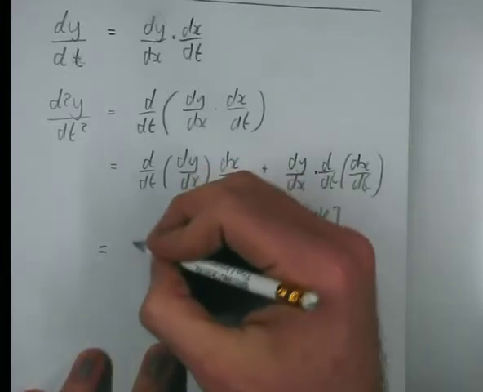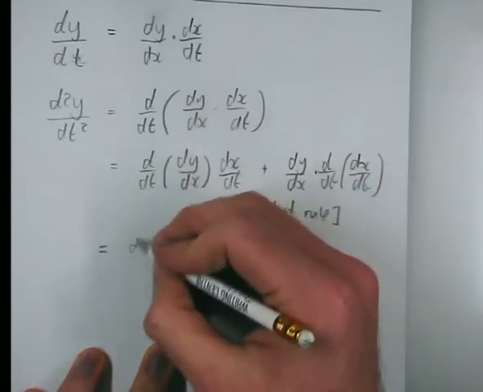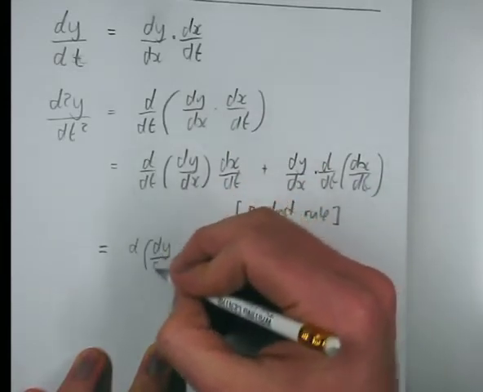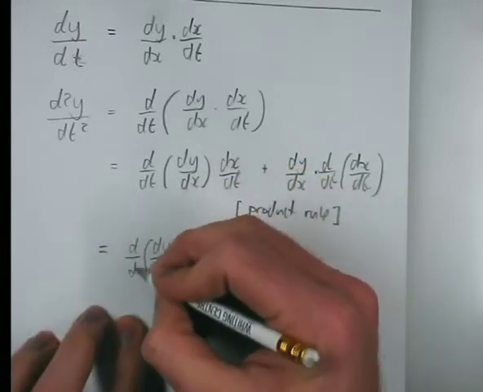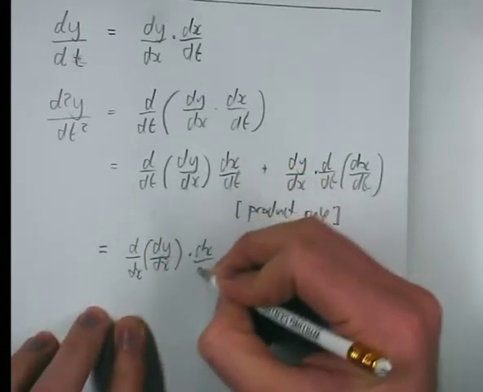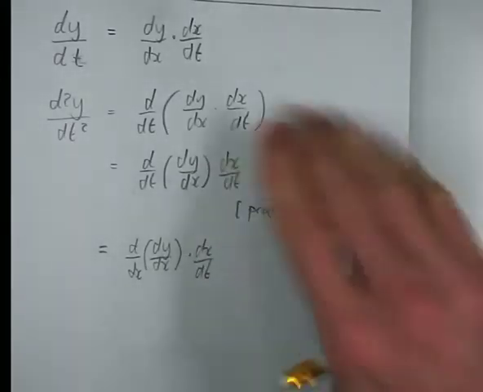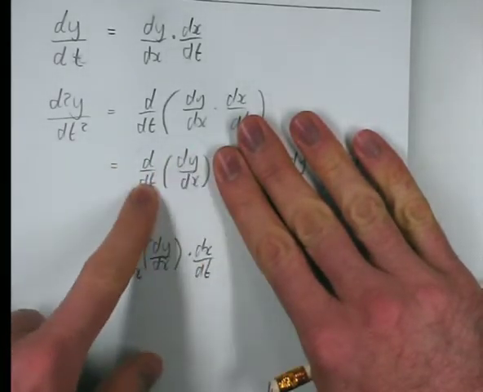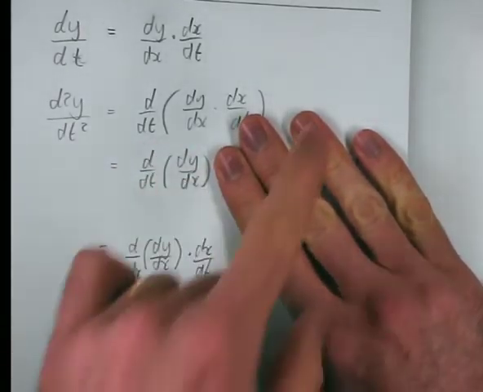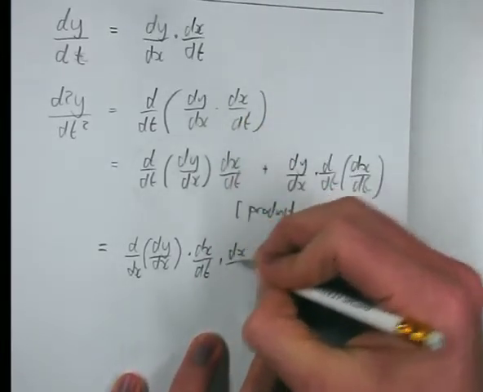So just for this bit here, I could do d of dy on dx, d of that on dx times dx on dt. That's the chain rule. Okay, so just ignoring everything else, d of that on dt would be d of that on dx times dx on dt. And then there's still a dx on dt here.